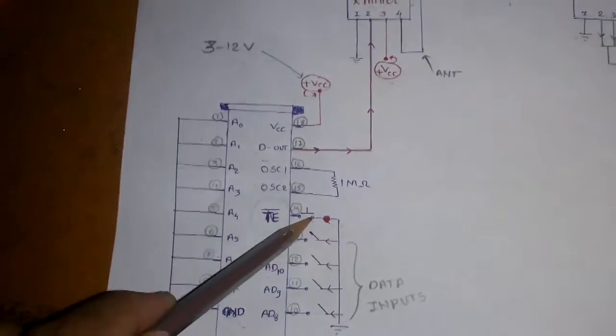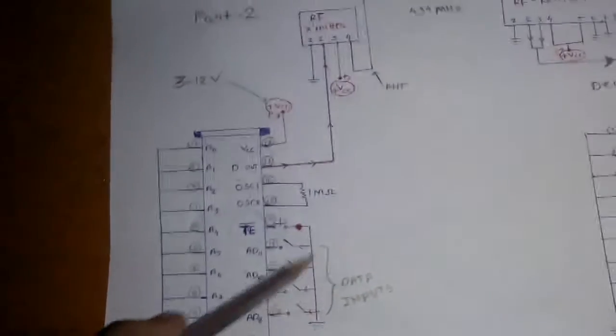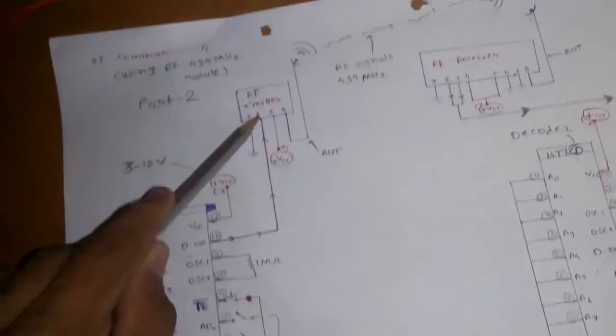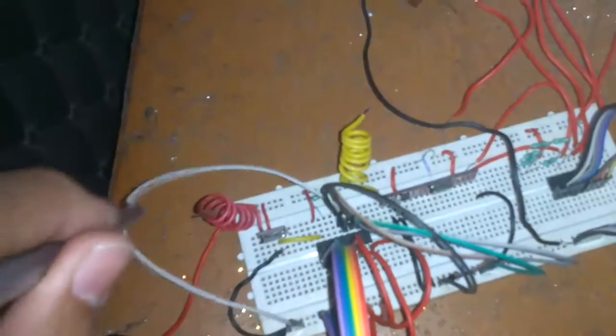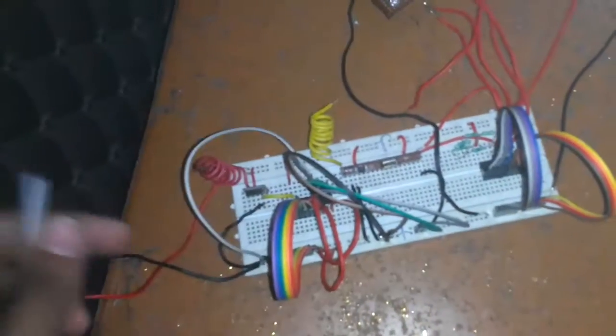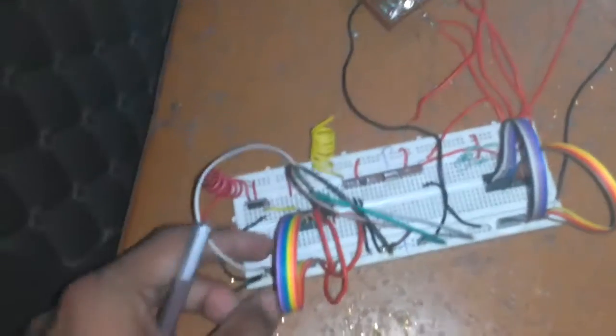If we do not ground this, then we can't transmit the data from our transmitter. We can see that here also.